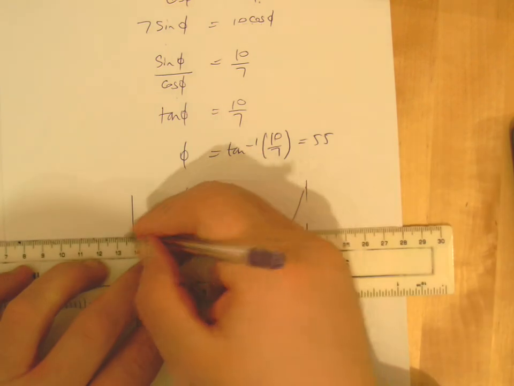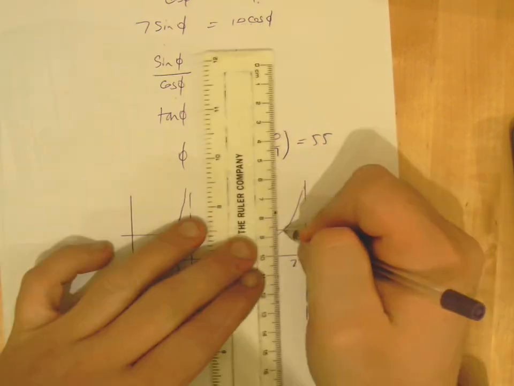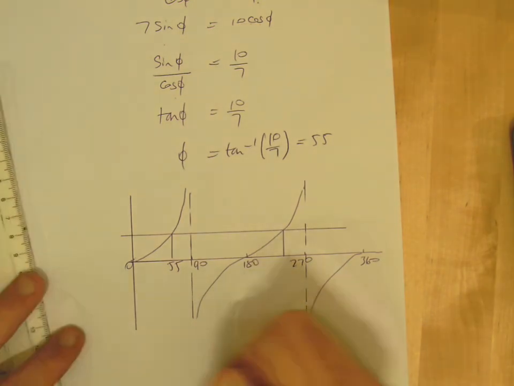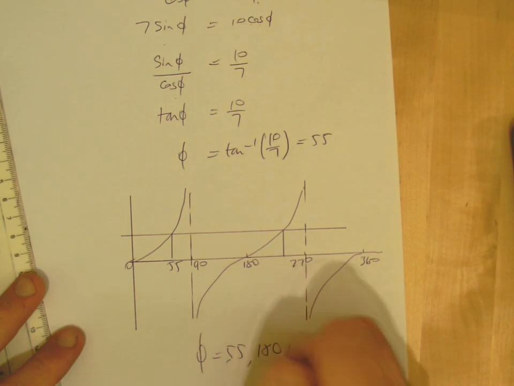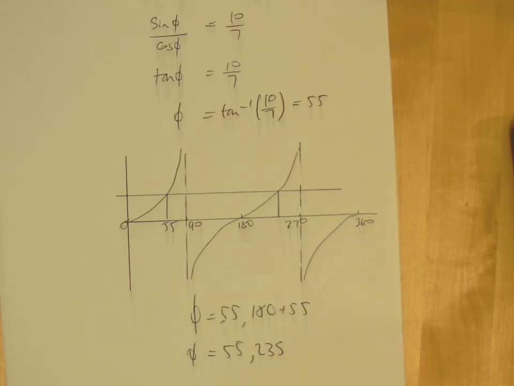So we draw a line there. There's my 55 degrees, and then of course you've got that angle there. So look at the symmetry, it'd be 180 plus 55, so phi will be 55 or 180 plus 55, so you get your answers 55 or 235, and it's job done.